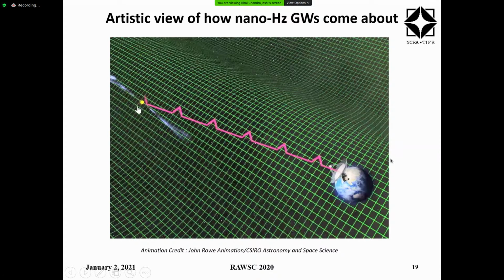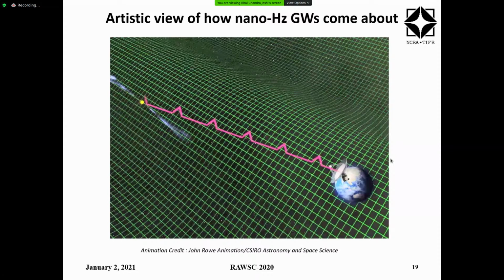So if you have not just one pulsar like in this case, but an ensemble of many pulsars in many directions, then you should see a correlated signal in each of these pulsars. And that correlated signal can be used to infer a passing gravitational wave. Okay. So that, in very brief, is the principle on which the pulsar timing array experiment works.